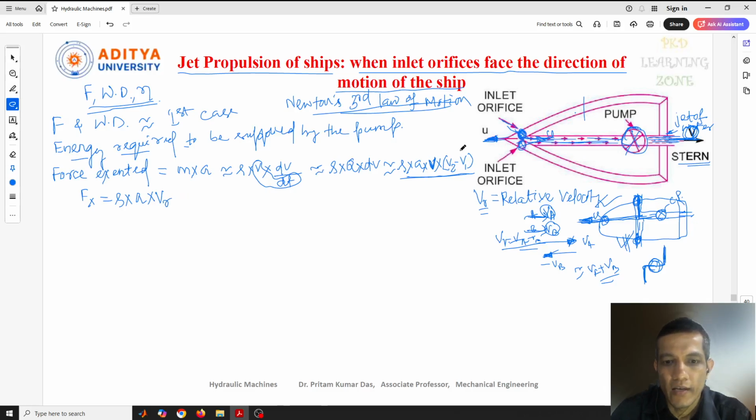Similarly here also, we write the final velocity and the initial velocity.